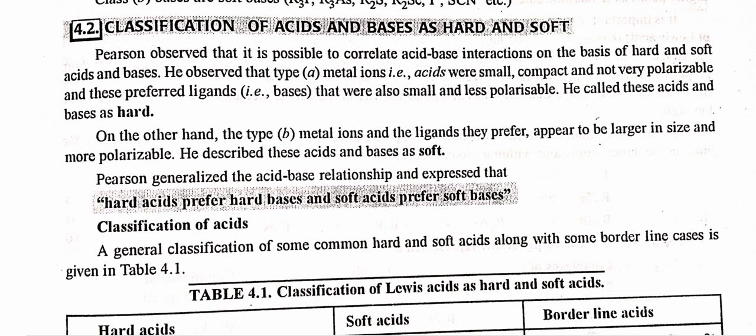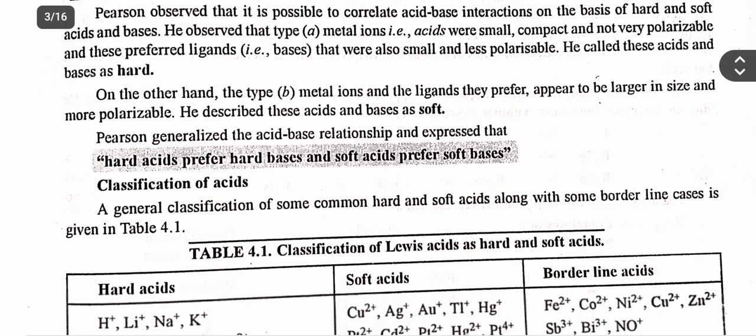He called these acids and bases hard. On the other hand, the type B metal ions and the ligands they prefer appear to be larger in size and more polarizable. He described these acids and bases as soft. Pearson generalized the acid-base relationship and expressed that hard acids prefer hard bases and soft acids prefer soft bases.